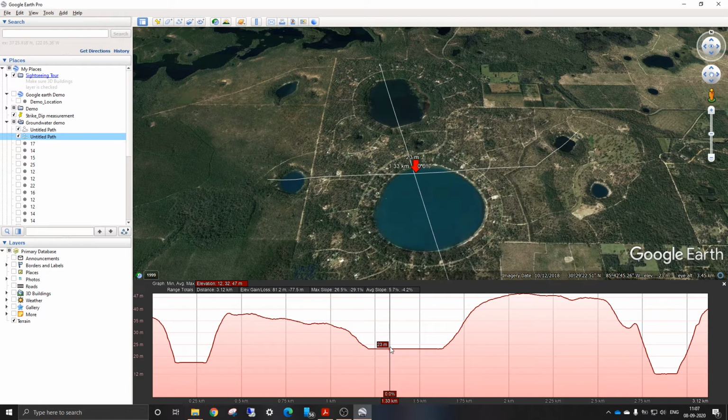If all water bodies were representing the water table, they would have shown a similar kind of elevation profile or elevation gradient. But as you can see, this one is much higher and looks anomalous. So this may be a surface water body.